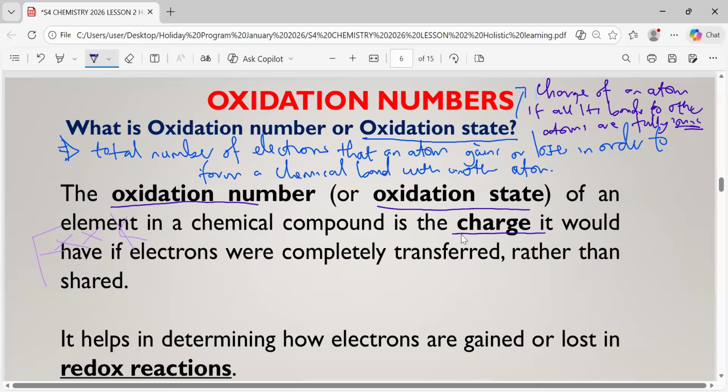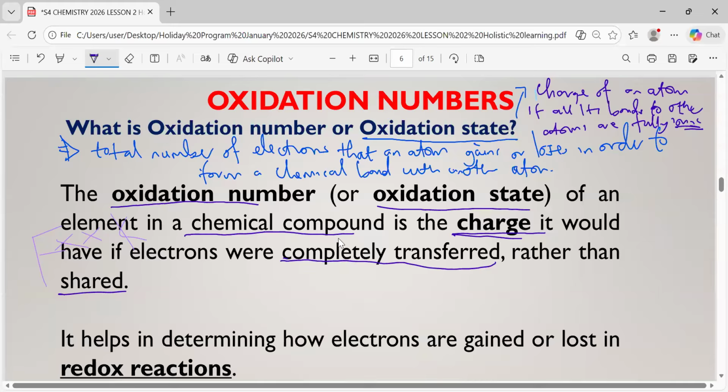So we are saying that it is the charge it would have if electrons were completely transferred rather than shared. So that charge that it attains, that is the oxidation state.